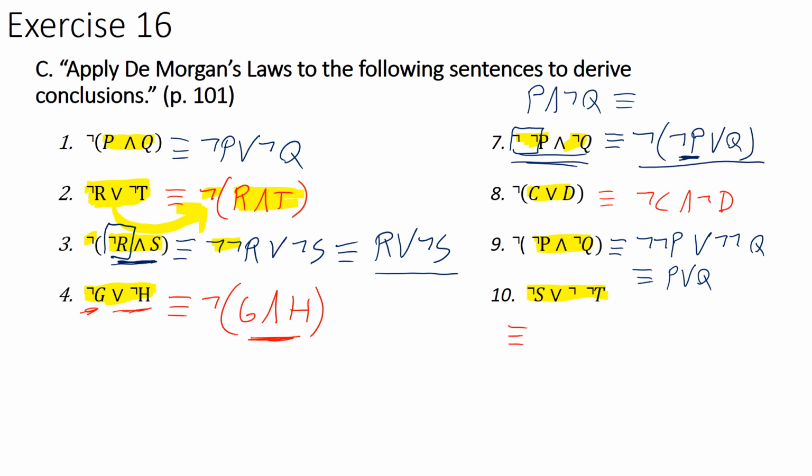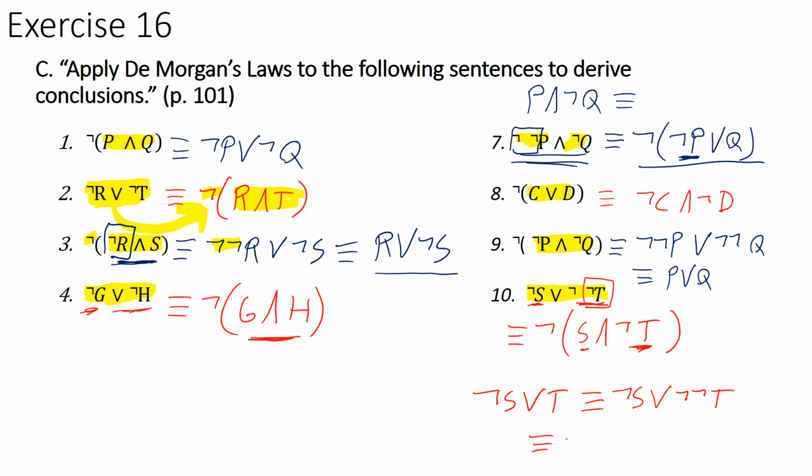So this is logically equivalent to, it is not the case that S and not T. So note, of course, that this not S here became S. This not T, well, that was probably awkwardly put, but in other words, let's say we had not S or T. That's logically equivalent to not S or not T by double negation, but that would just be equivalent to not (S and not T).